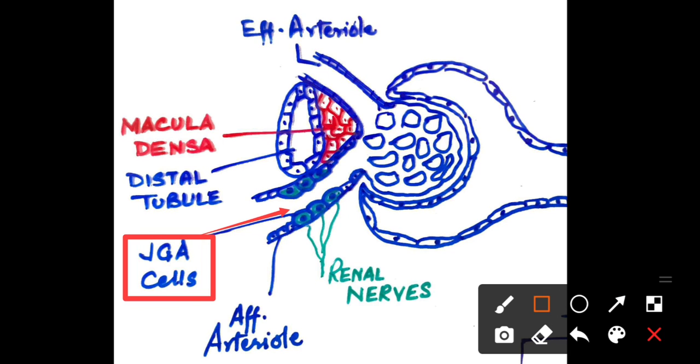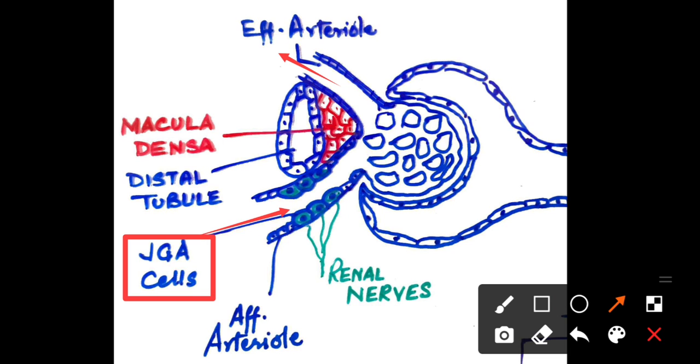So as the blood is leaving the glomerulus through the efferent arteriole, if you have low sodium in this particular blood, it will be sensed by the sensory cells of the JGA.